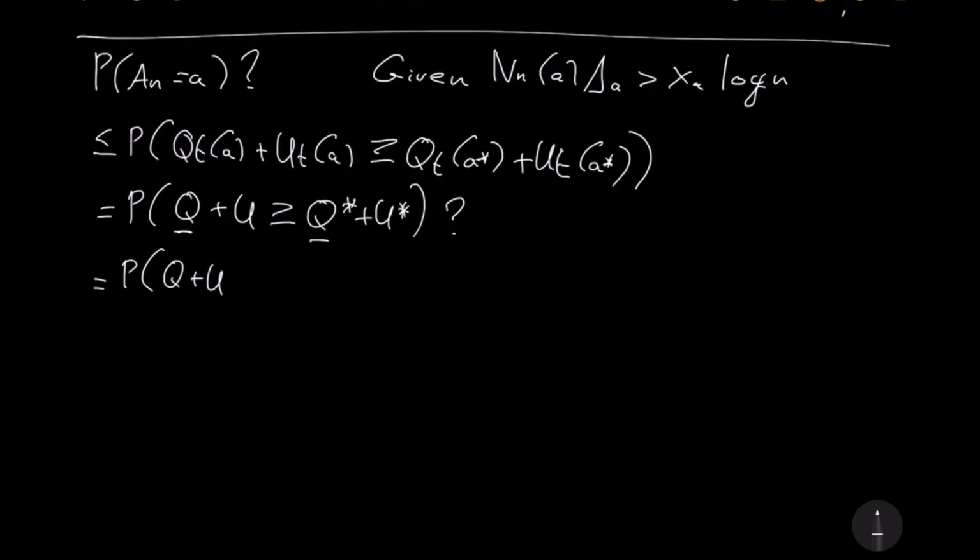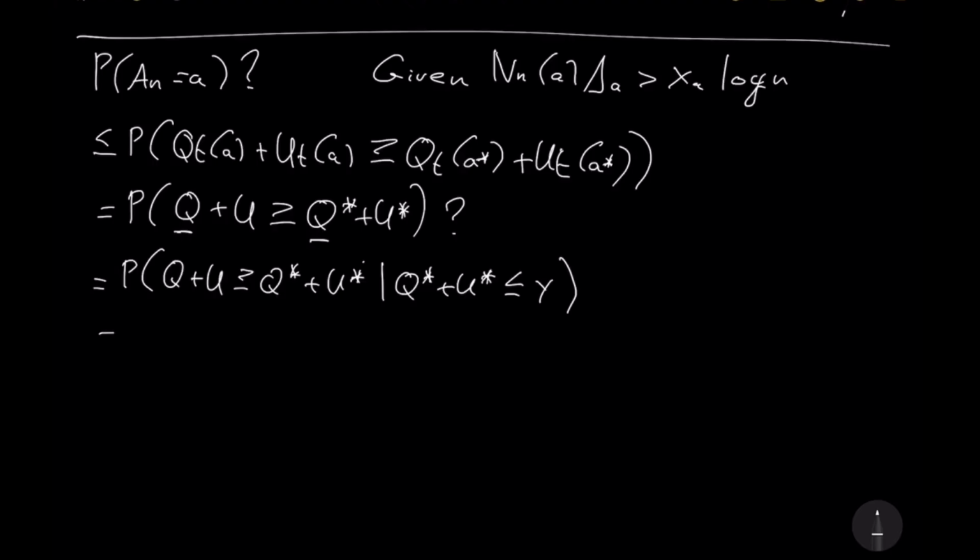So let's write down this whole thing again, and let's condition it on Q star plus U star being low. So we're going to say this is lower than expected. It's lower than some number y that I'll fill in a moment.